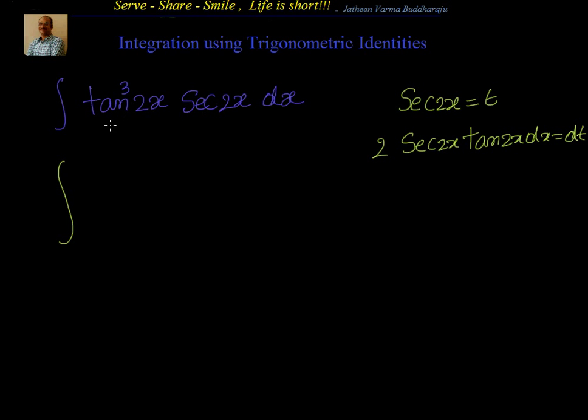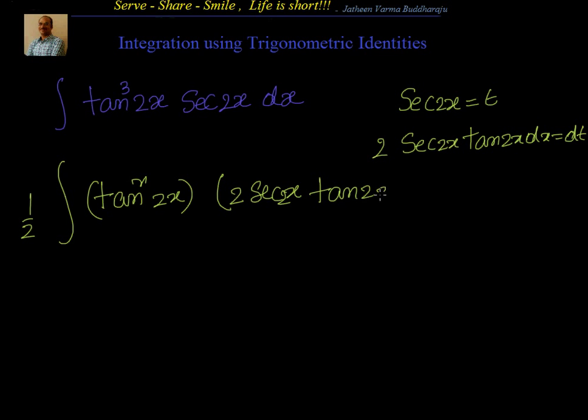So can I write this as tan square 2x, multiplied with half here, and we'll have 2 secant 2x tan 2x dx, which is nothing but equal to half into integral of tan square 2x. We'll write it out.